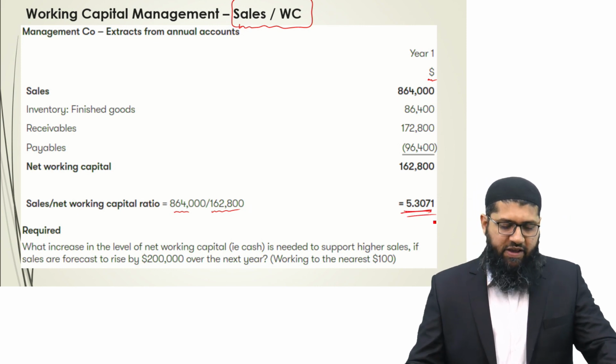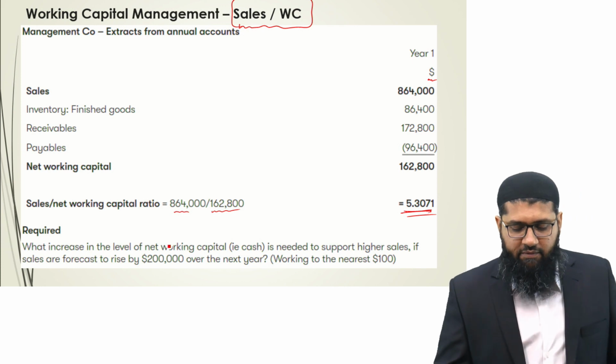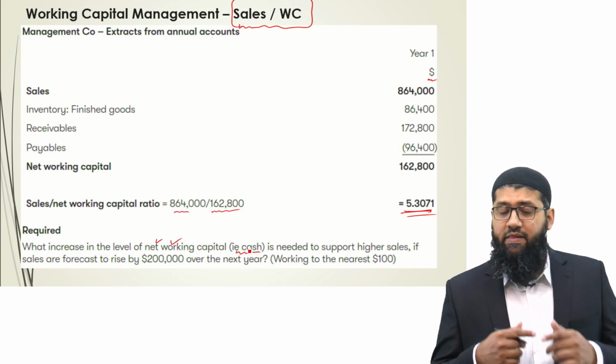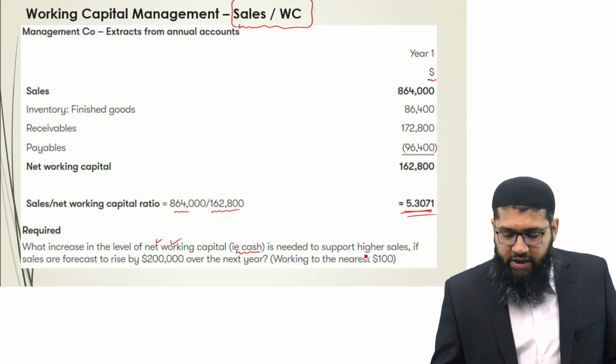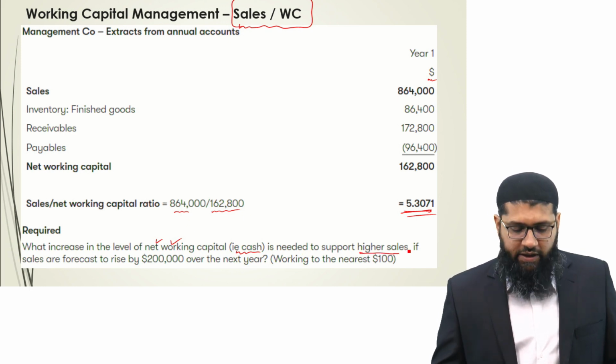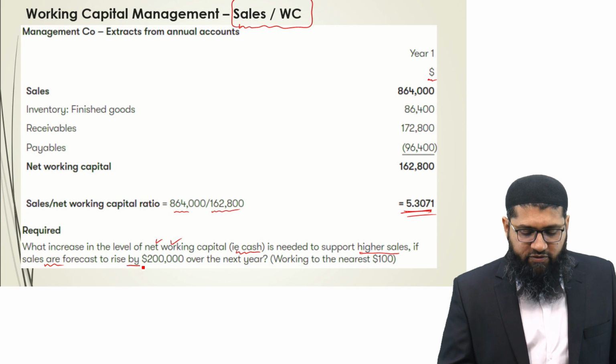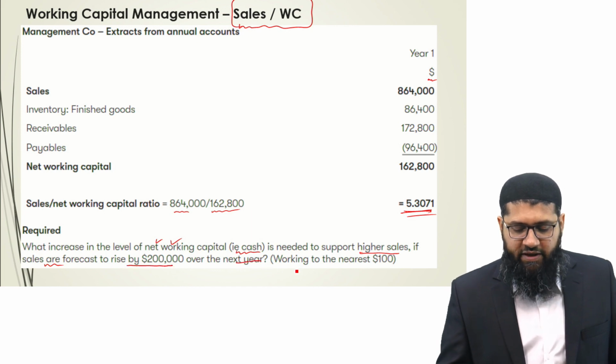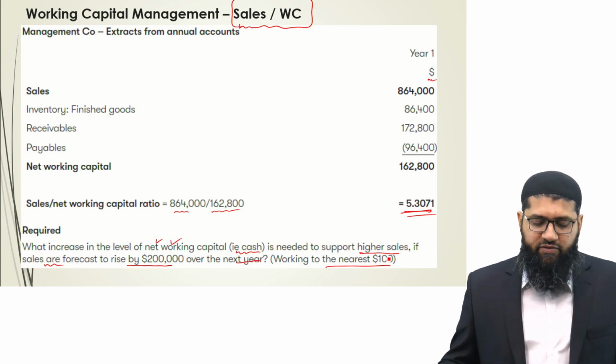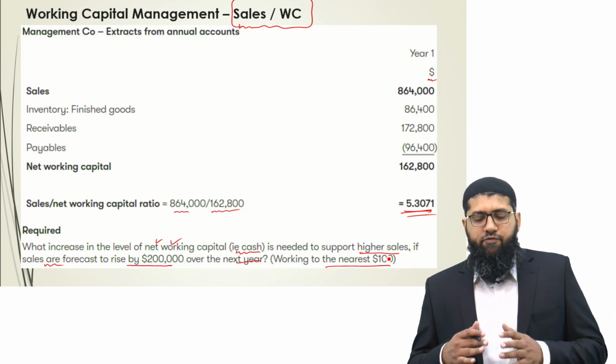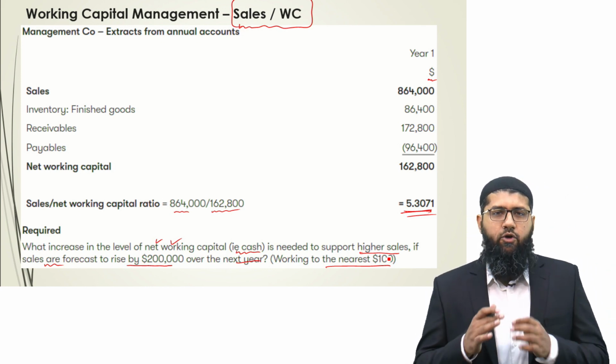Now the examiner asks what increase in the level of net working capital, that is cash, is needed to support the higher sales if the sales are forecast to rise by 200,000 over the next year. Working capital to the nearest 100. Now, first of all, it's important to understand the question's requirement.